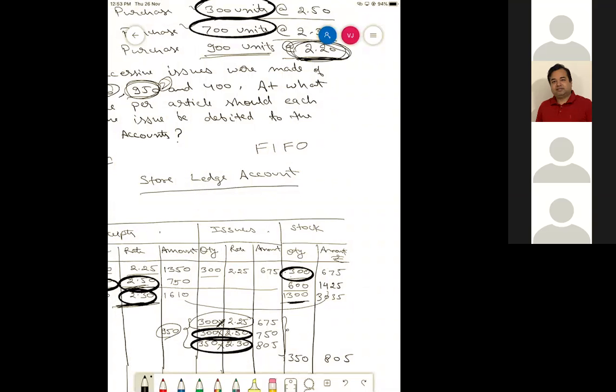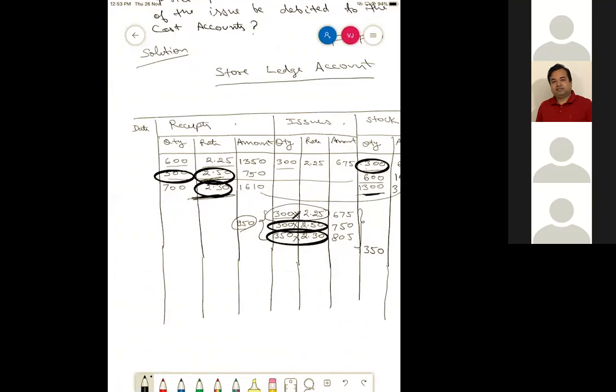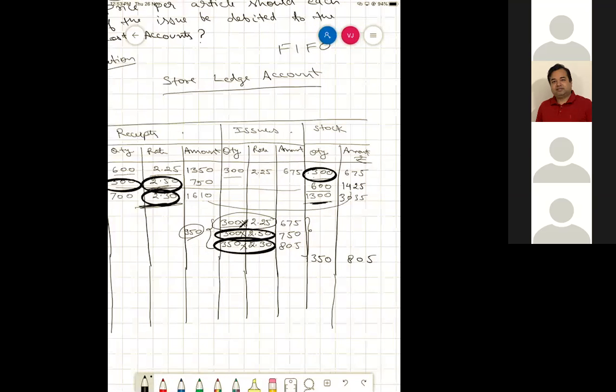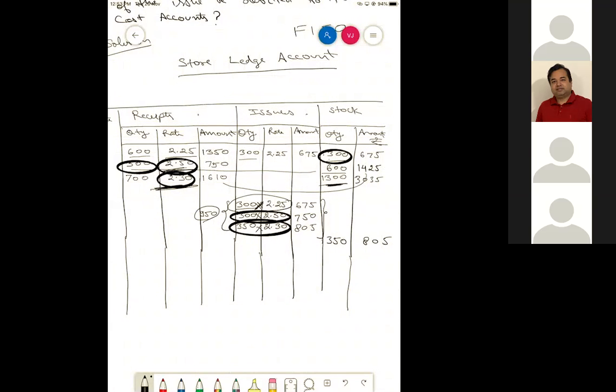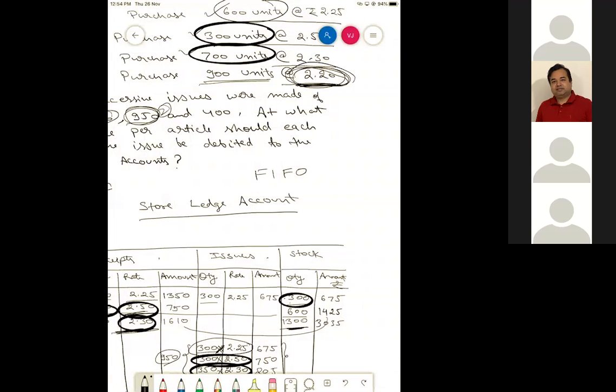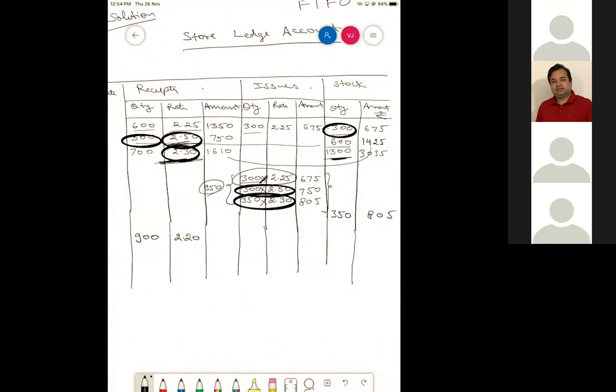You make the entry on the receipt side. That is your quantity on the receipt side. You write down 900. The rate would be 2.20. So how much amount would there be? 1980, sir.